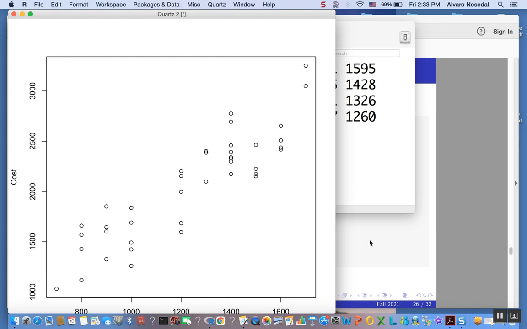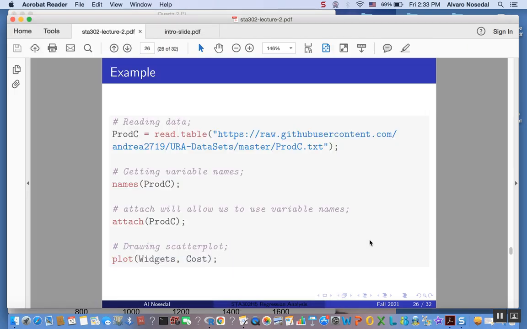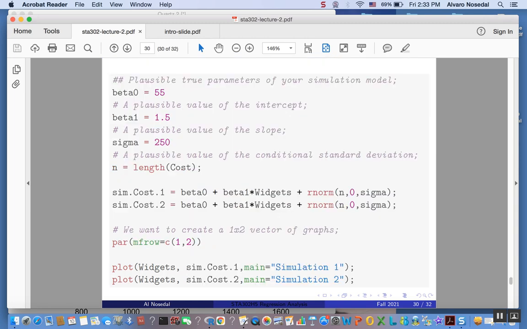Got it? Okay. So now, if I remember correctly, here we have to go to slide 30. There we will find the commands we need to carry out our simulation.